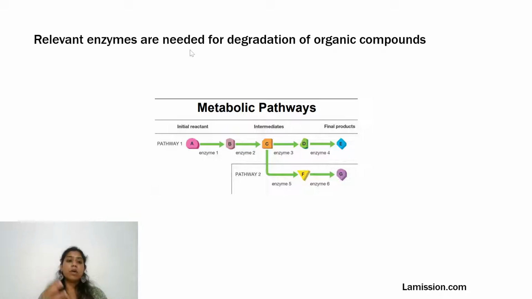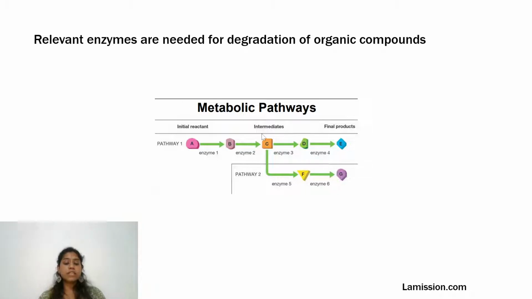But the microbe that we are choosing should have all the relevant enzymes that are required for degrading that specific organic compound until the final product, which is harmless to the environment, could be reached. If we choose a microbe that has one enzyme but does not have the enzyme 2, then the pathway will stop at this place. In that case, we should have another microbe that can take over from here, which is what we'll see in the next slide for the bioremediation of benzene.